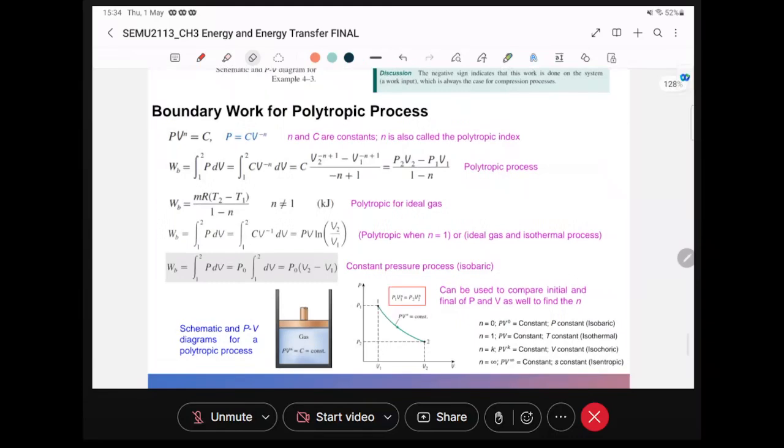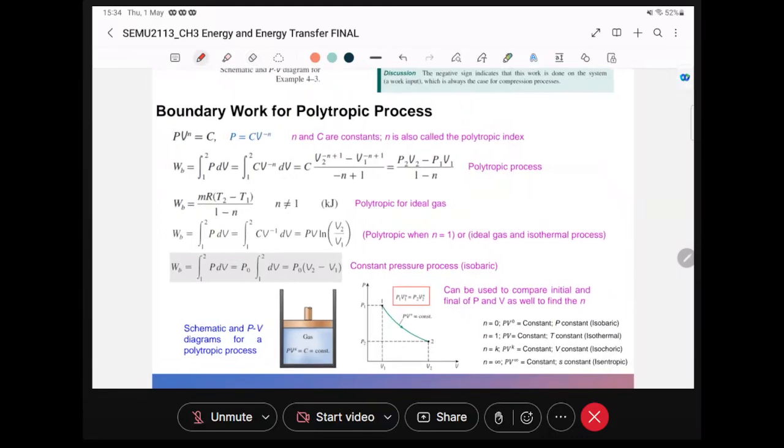Other than that, there's also another process that you should know as well, which is called the polytropic process. Okay, polytropic process basically means PV to the power of n, this equation here, P multiplied with volume to the power of n, is a constant. Okay.